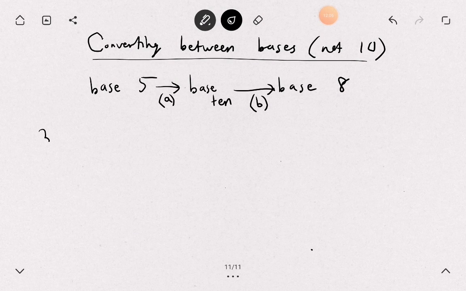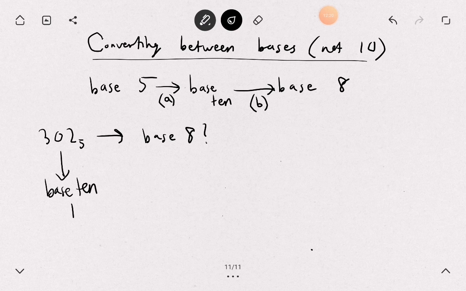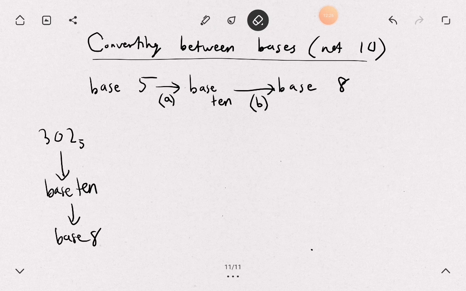Before converting to base 8, we go to base 10 first. So let's do 302 base 5 to base 10 first.